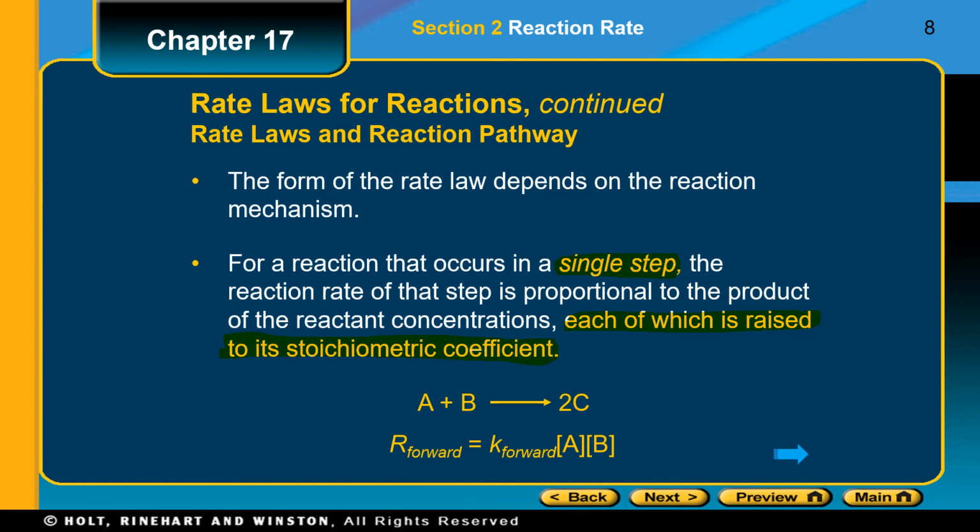They're just directly related. The concentration of A is directly related to R, and the concentration of B is directly related to R. The fact that we could put coefficients up there is not shown here because they don't have any coefficients.